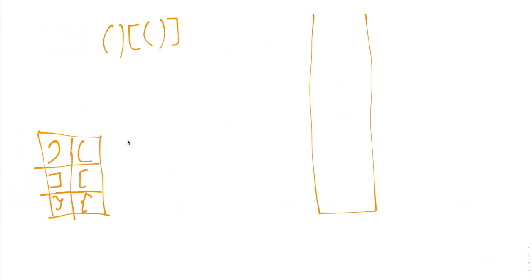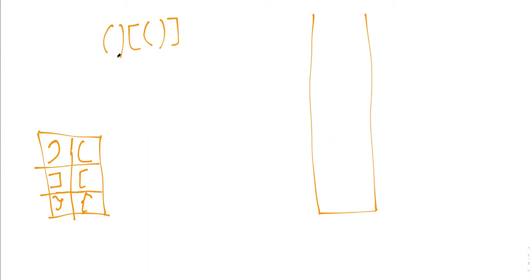So let's see how we are going to solve this problem. Here we have a map that contains the closing brackets as keys, and in the values we have the opening brackets, and here we have a stack. In order to solve this problem, we will need to use a stack.